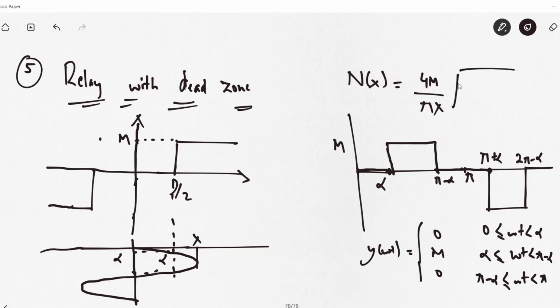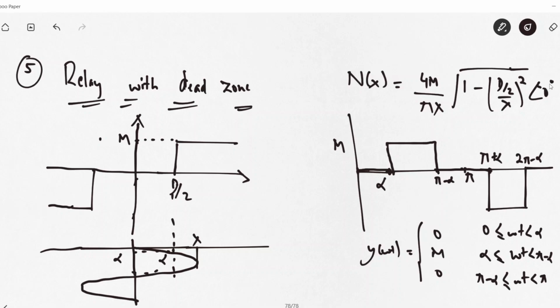This is again a system with odd and half-wave symmetry.